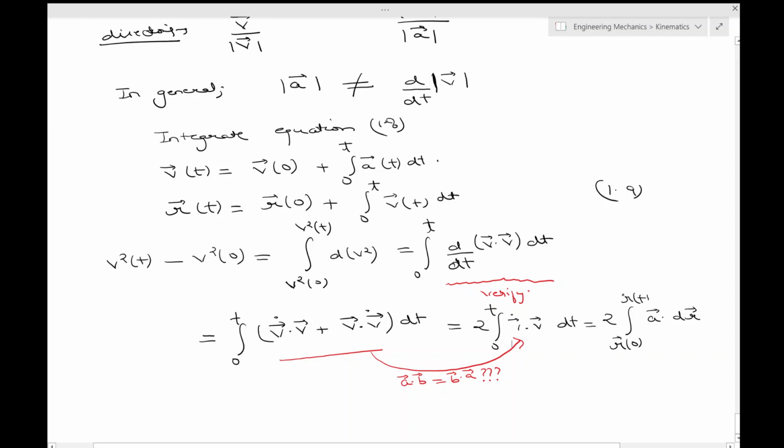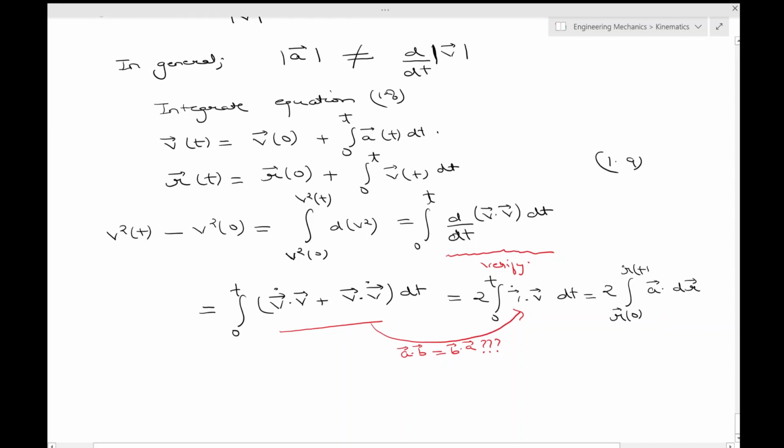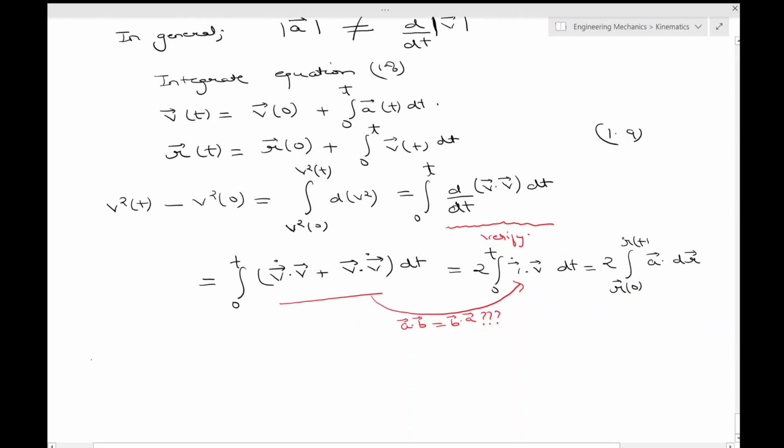Now if there is a uniform acceleration, it means the acceleration is not changing with time. So acceleration at any given time will be equal to a naught.